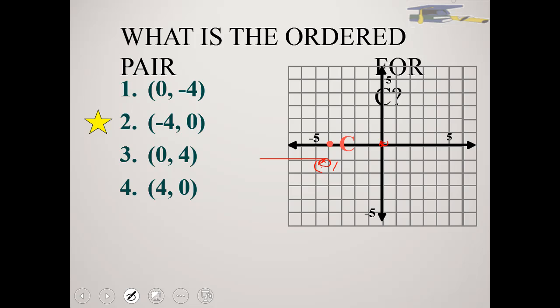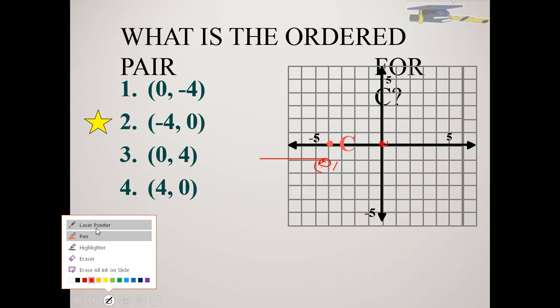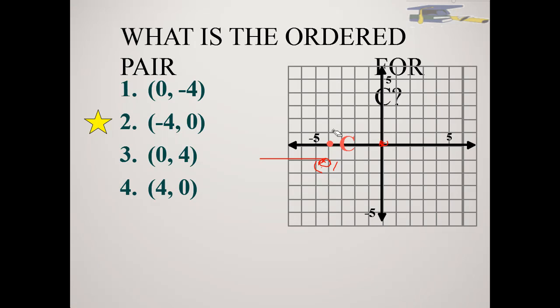And on the y-axis, let's count. My mistake. Actually, I made a mistake here. It's on the x-axis, it's not 0. On the x-axis, it's something else. We'll see about that.